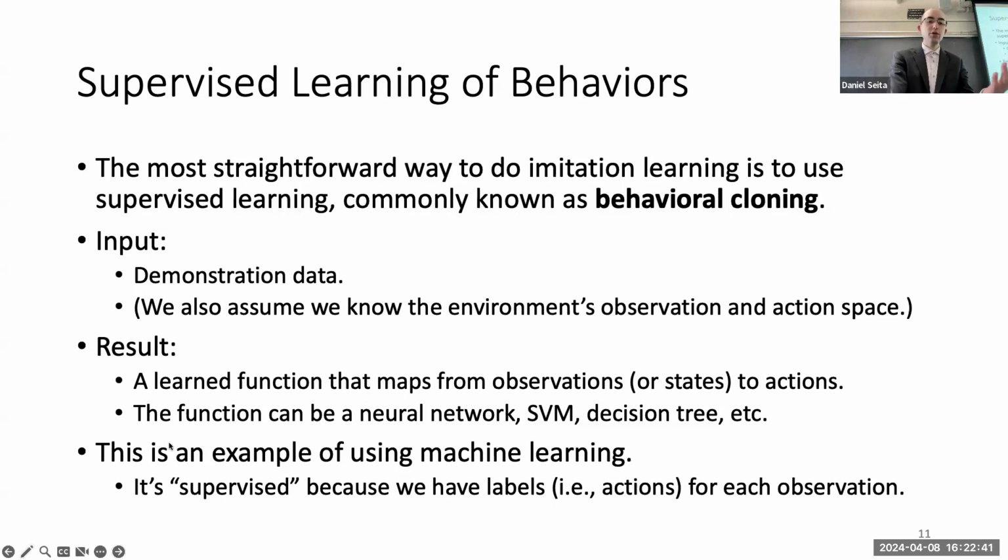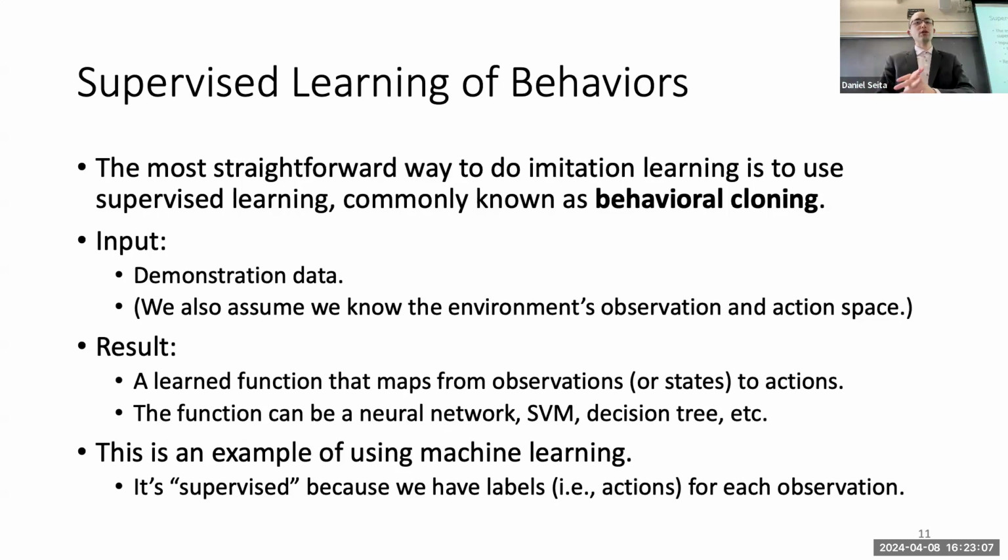This is an example of using machine learning, especially supervised machine learning. Supervised machine learning means that you have labels for all the inputs. Here the labels are actions. If you've taken a machine learning course, some of this will be obvious, but I just want to clarify in case students have not.